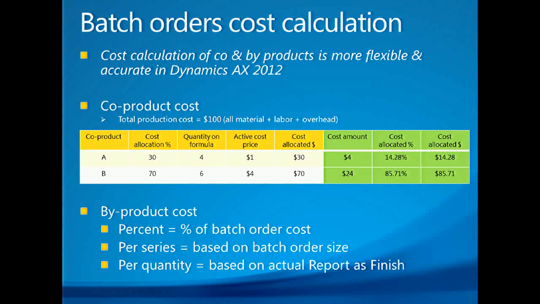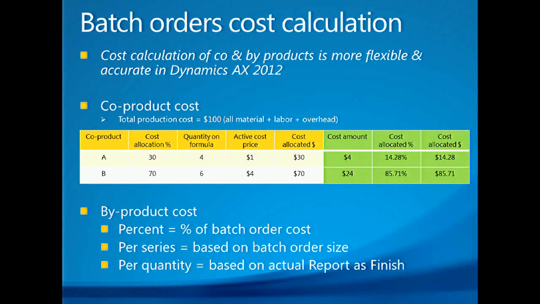In the past, you could set up a cost allocation percentage. You could say that whatever is the cost of producing this order, you will allocate 30% of the cost to co-product A and 70% to co-product B. And then you would have some quantity on the formula, which basically is saying that 4 units of A is coming out and 6 units of B is coming out. And the system didn't take into account the current active cost price of these co-products for calculating the cost allocation.